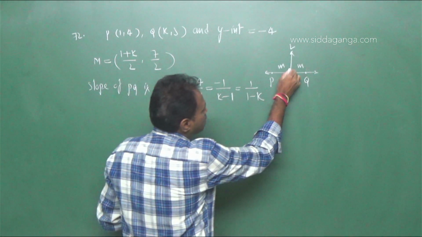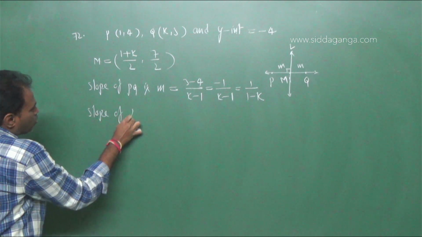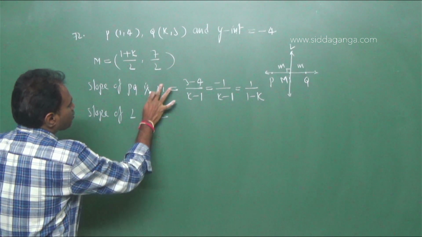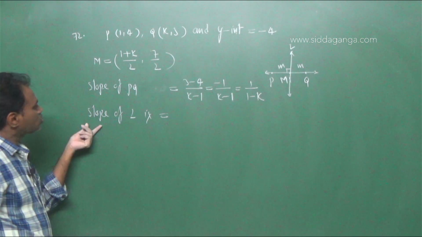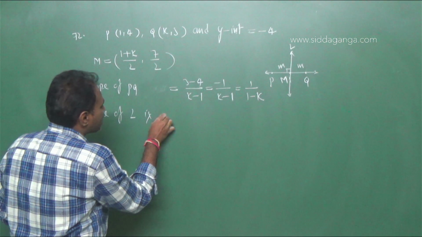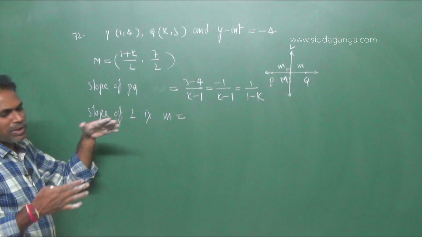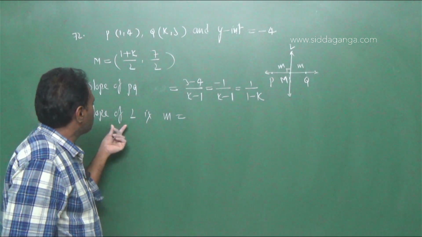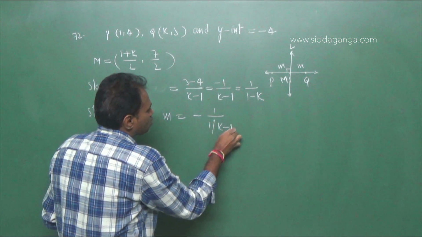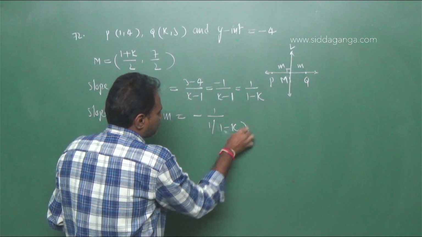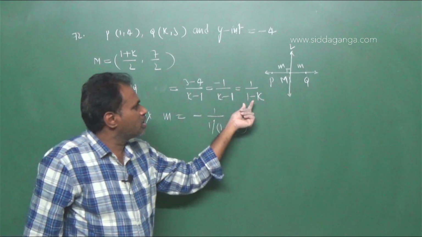The perpendicular bisector I am taking as L. The slope of line L I am taking as M. L is perpendicular to PQ, and the slope of PQ is 1 by (1 minus k).